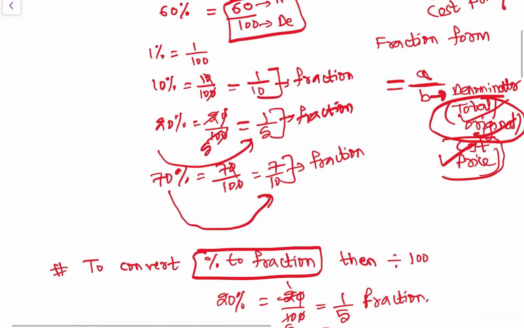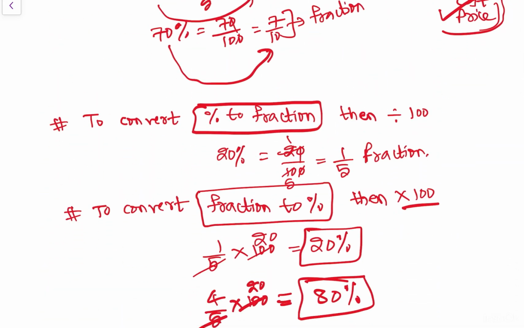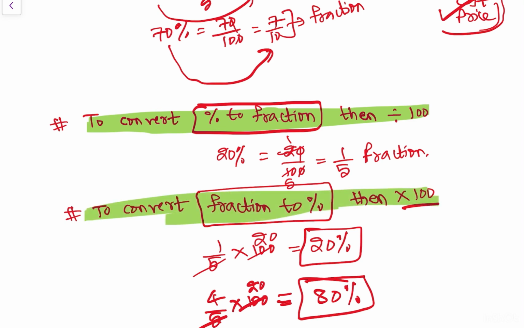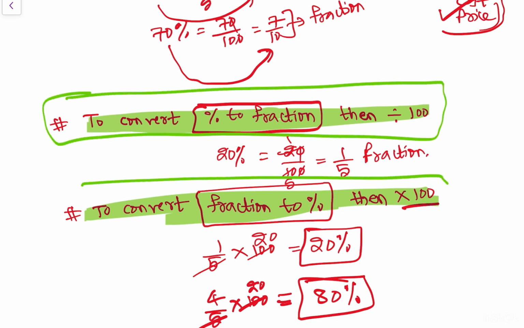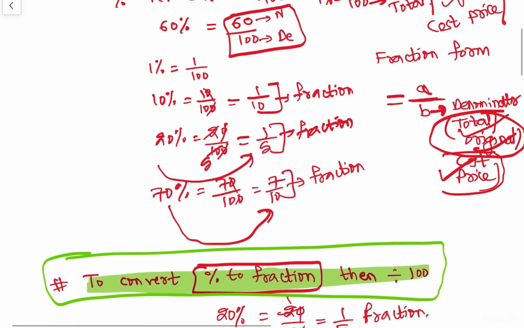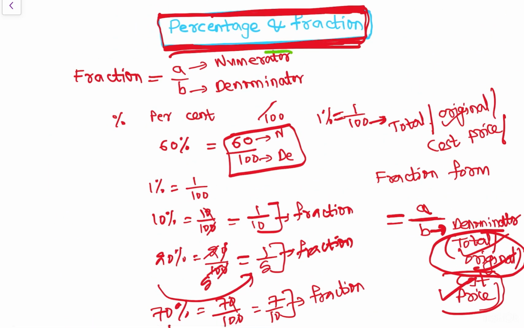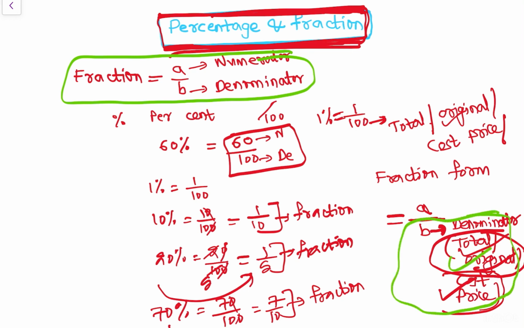So we have discussed converting fraction to percentage and percentage to fraction. These things you need to note down and you need to know. Then again, fraction का numerator, denominator and नीचे वाला part is original, SP and all.